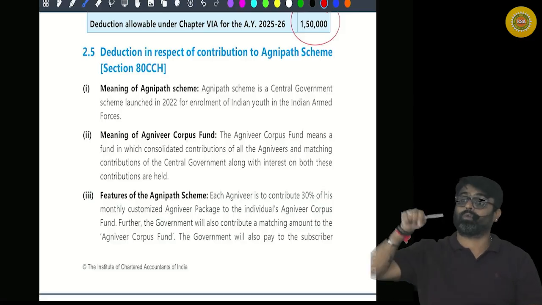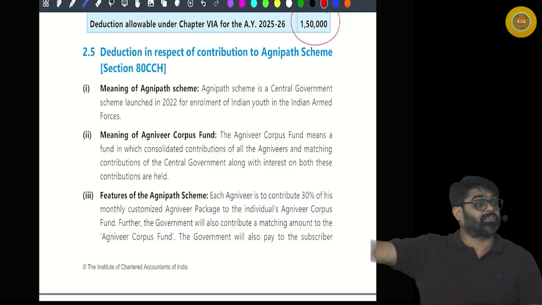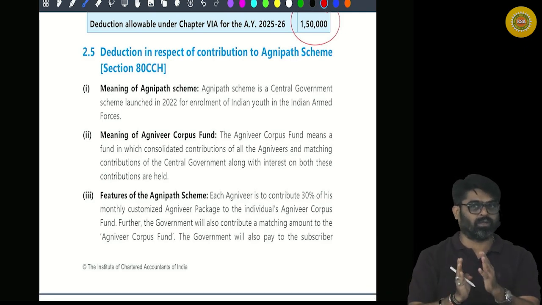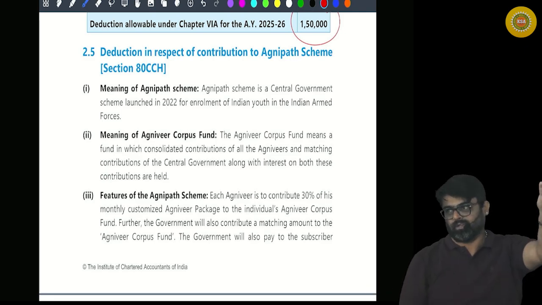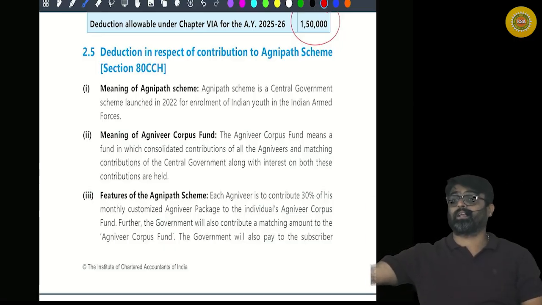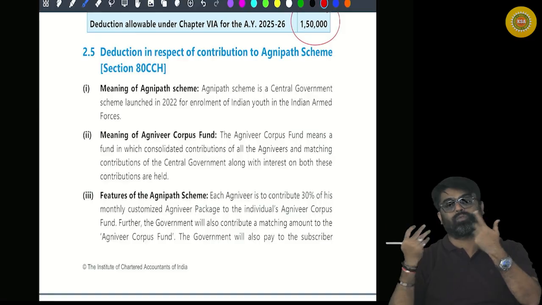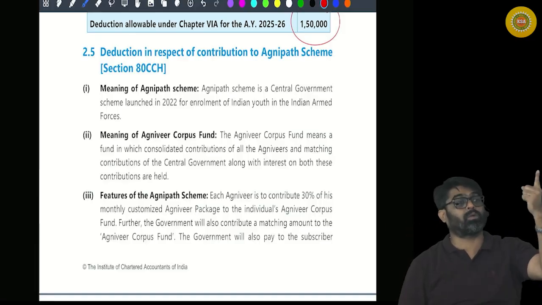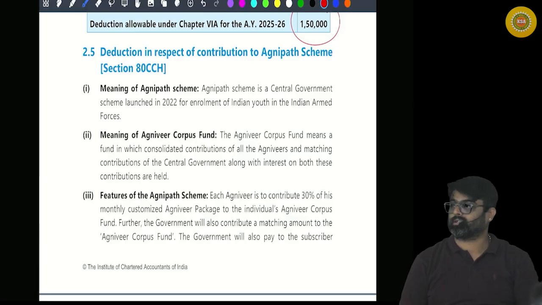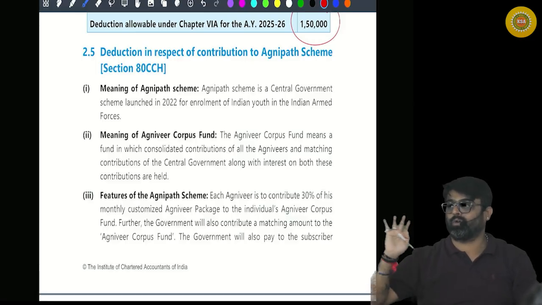And for that you are going to get a deduction under 80CCH subsection 2. Employer's contribution will first be taxable as your salary, and for that you will get a deduction under 80CCH(2). How much? Full amount. First show the full amount as taxable salary and then claim the full amount as a deduction under 80CCH(2), whether you follow 115BAC or you don't follow 115BAC.